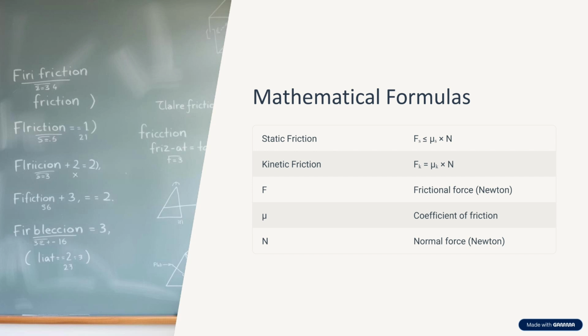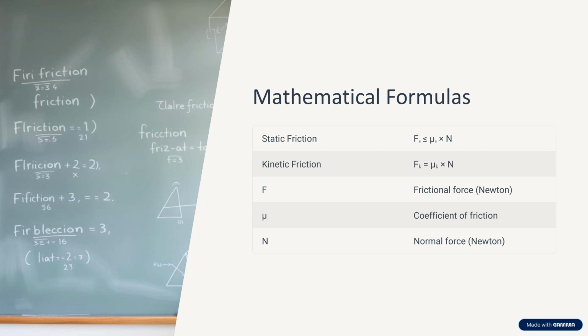For static friction, Fs is less than or equal to mu_s N. Static friction adjusts up to a maximum limit to resist motion, and Fs max equals mu_s N is the maximum value before the object starts moving.